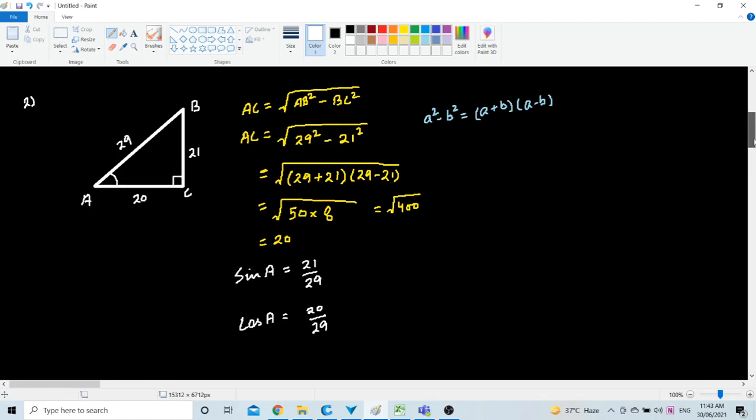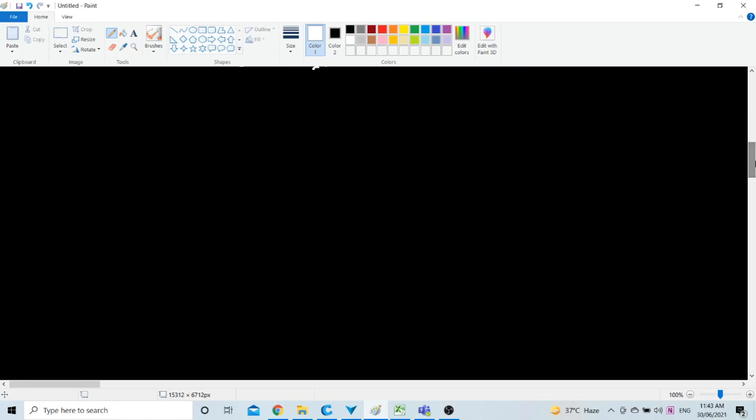Now, moving on to the next example. Let's say I have a triangle ABC that is actually right angled at B. Fine.